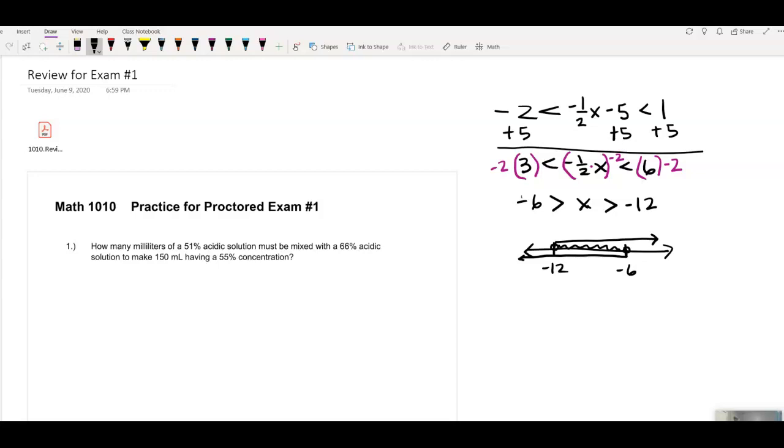When I write it in interval notation, you need to make sure that you're writing it from smallest to biggest. So we'll have a parenthesis there, since it's an open circle, negative 12 to negative 6, and then parenthesis. Is that what you did?